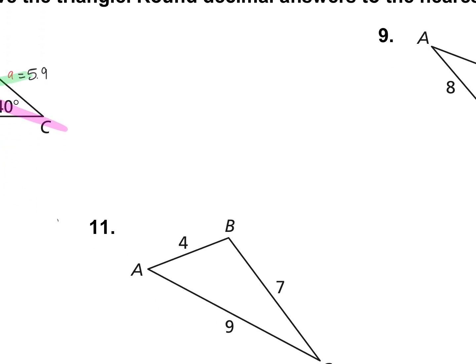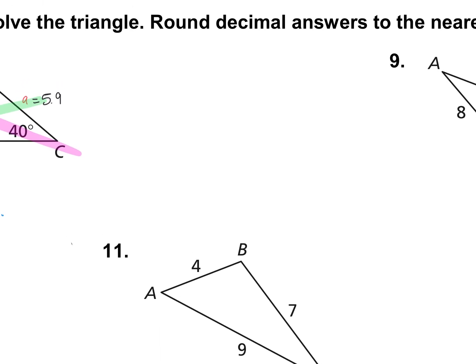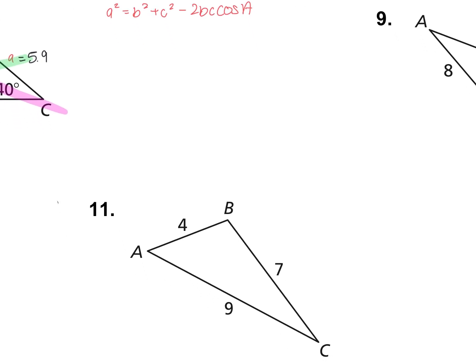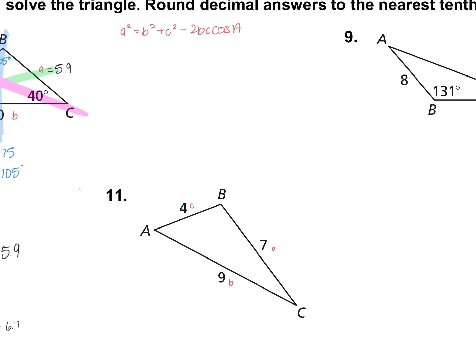I'm going to just find side A first. So looking at the formula, I'm going to be using A squared equals B squared plus C squared minus 2BC cosine A. And again, you will be given this. So looking at what they're giving me, just labeling my sides, here's A, B, C. I do know side A, so I'm plugging in 7 squared.